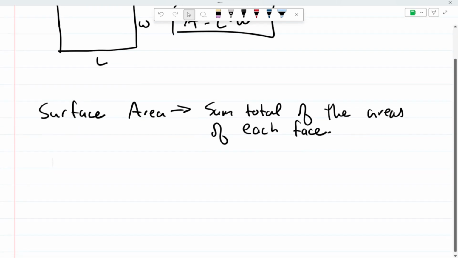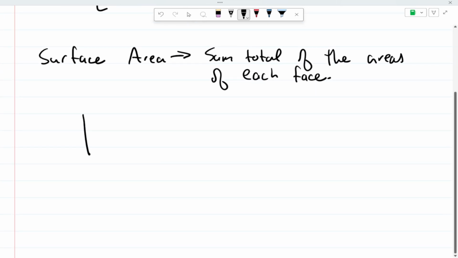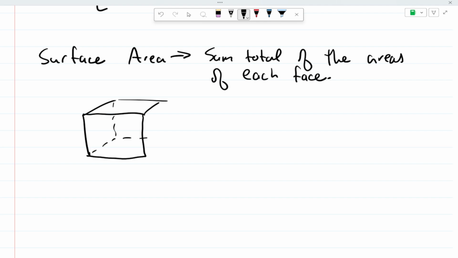Meaning, instead of having a square, now we're talking about a three-dimensional object, which would be a cube. So what we're concerned with now is figuring out, or painting, if you will, each individual side. So this would be the right side, then the left side, the bottom, the back, the top, and finally the front.